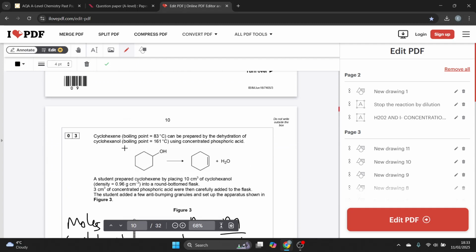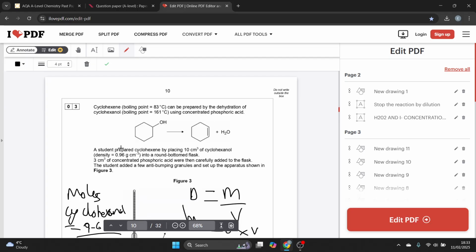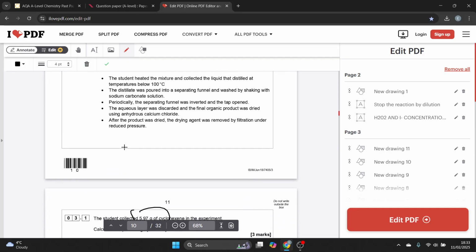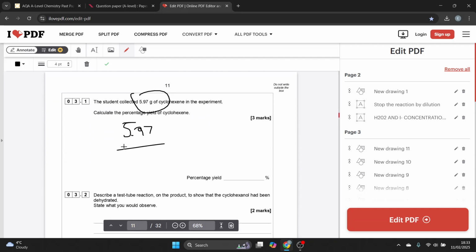Well, cyclohexanol is cyclohexane with an OH, so it's going to be 12 times 6 plus 12 plus 16 plus 1, minus 1.